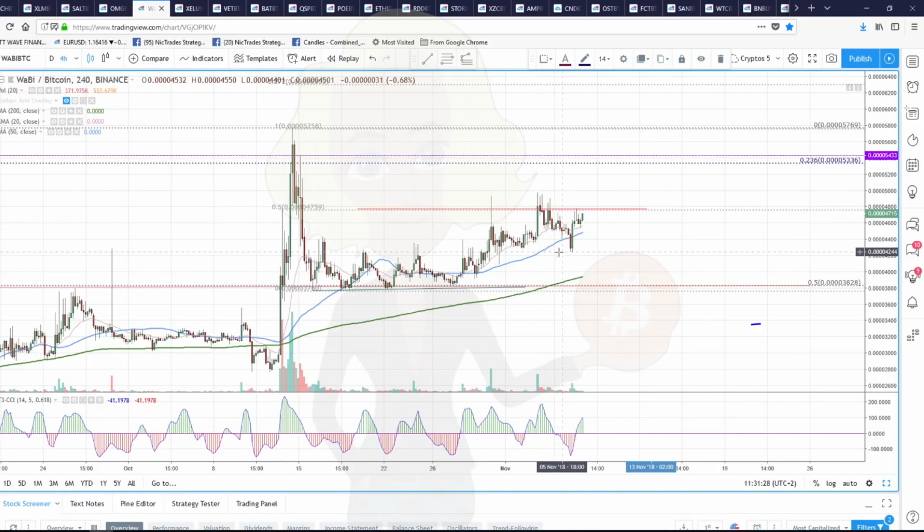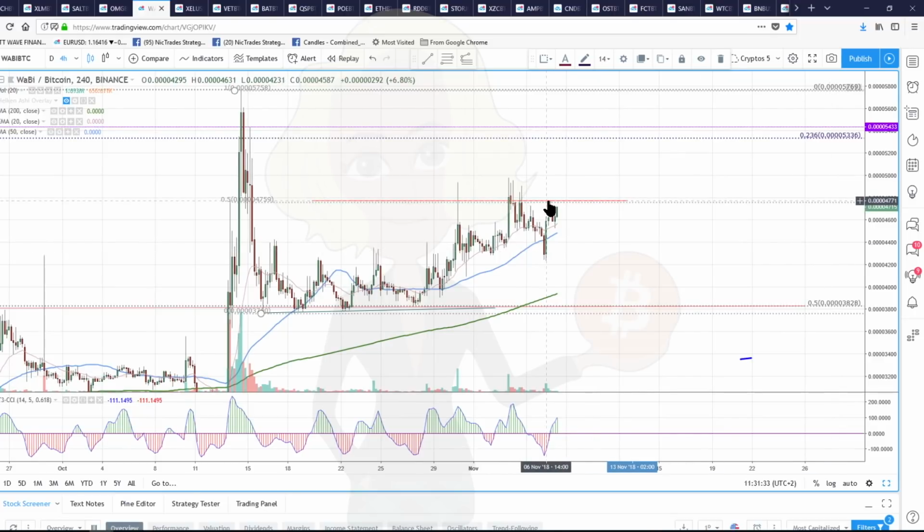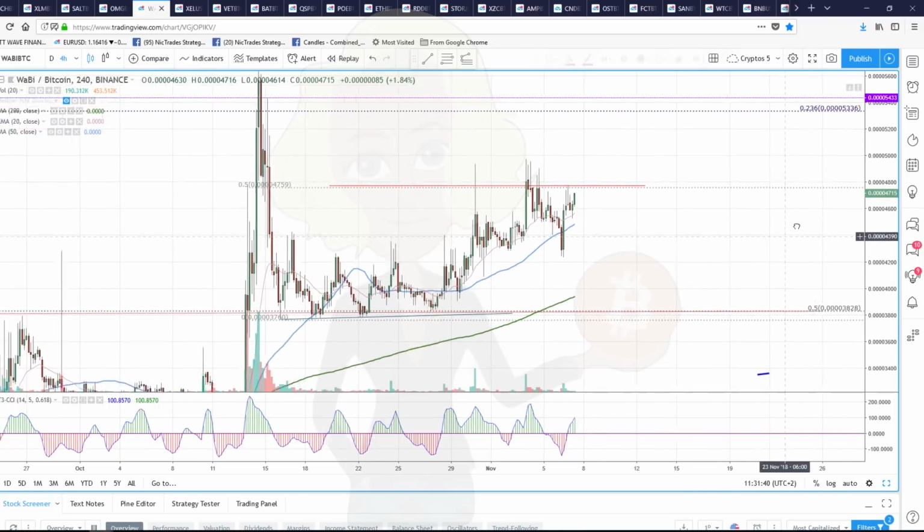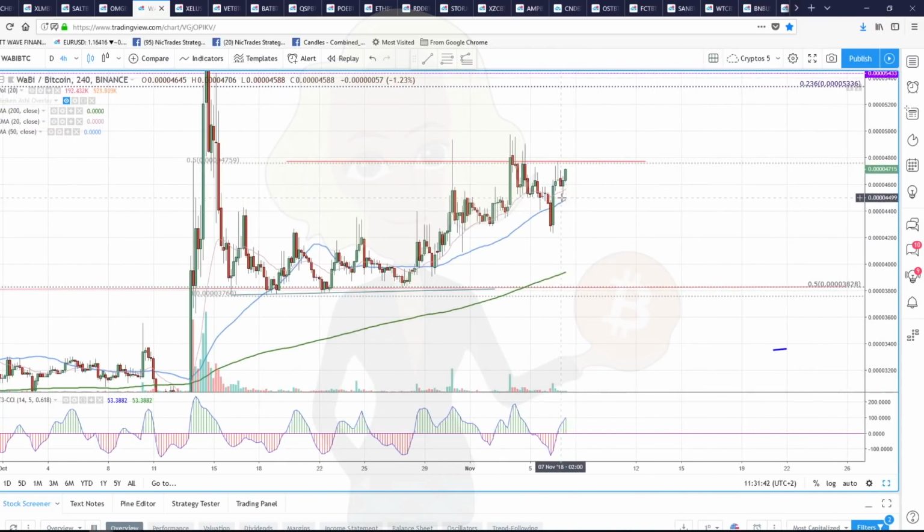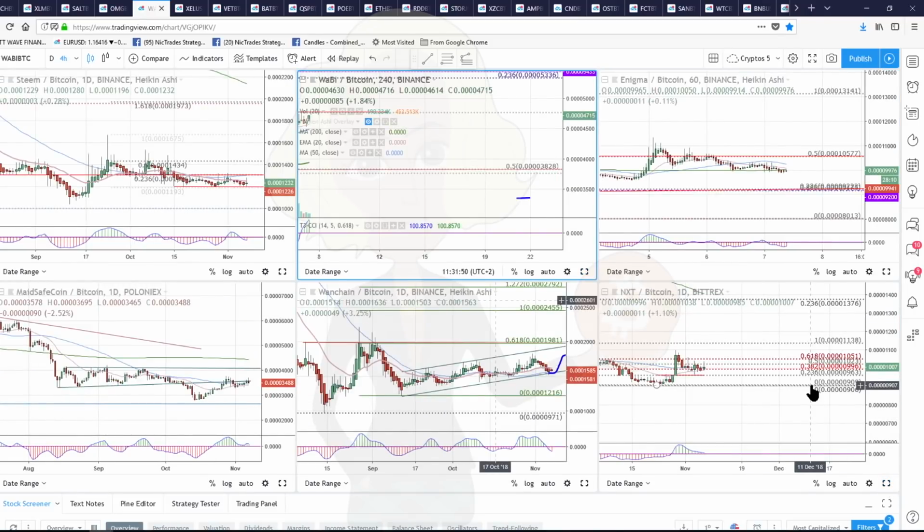We've just pulled back to 50% of this rally, and now we're breaking the trend if we break this 47.59 level. So stop underneath this move. If you're trading this on a 4 hour, you need it underneath these little swing lows, around 4,520, if we break out. So WABI, looking for a breakout.